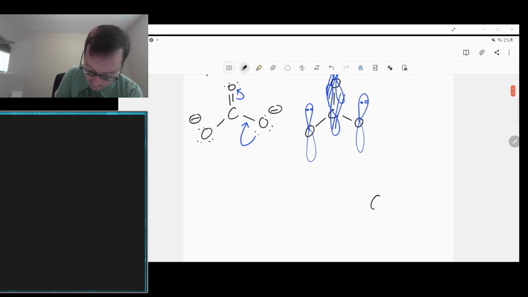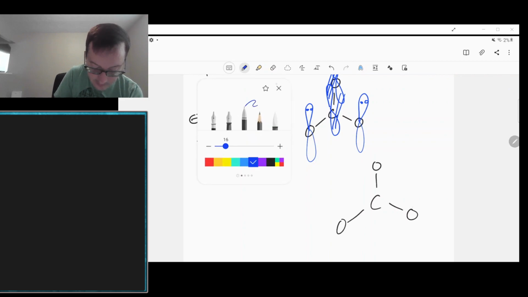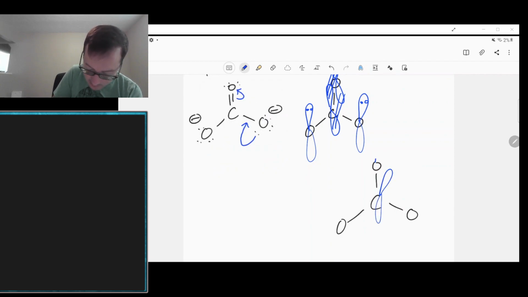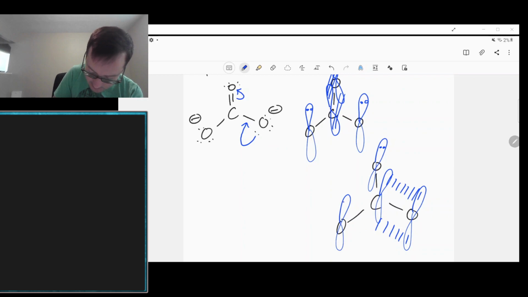And I'm going to draw that one down here. And again, I'm going to draw this with the single bonds only, and we're going to have our p orbitals. And this time now we have the p orbital bonding between that oxygen and the carbon, and now the lone pairs are in the other 2 oxygens. And we can do the same thing on the other side, right?